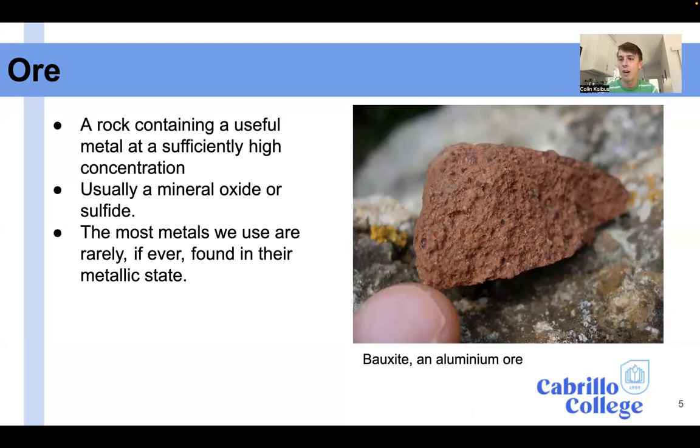You will never find iron naturally occurring in the environment as a hunk of metal iron. It's going to be involved in some iron ore, some rock, because it is so reactive that over the geologic time scale, it just is not something that we're going to encounter.